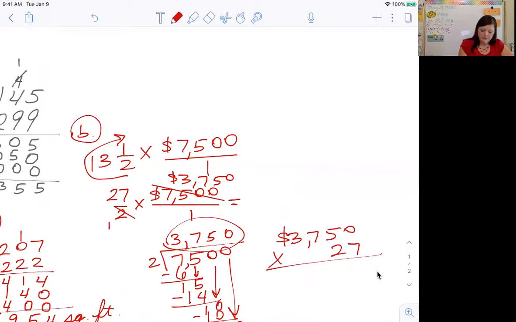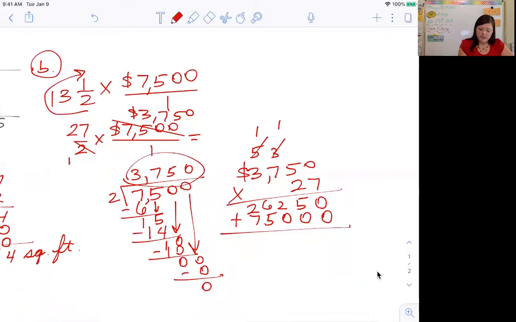7 times 0, 5 times 7, 7 times 7, 49, plus 3, 52. 3 times 7, 21, 21 plus 5, 26. Cross through or cancel what we carry, annex a 0. Anything times 0 is 0. 5 times 2 is 10. 7 times 2 is 14, plus 1 is 15. 3 times 2 is 6, plus 1 is 7.